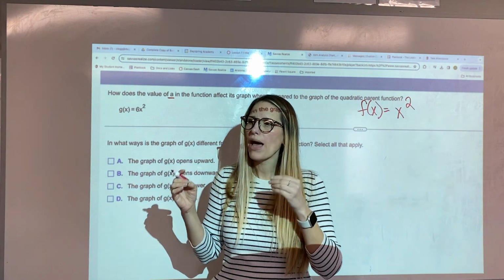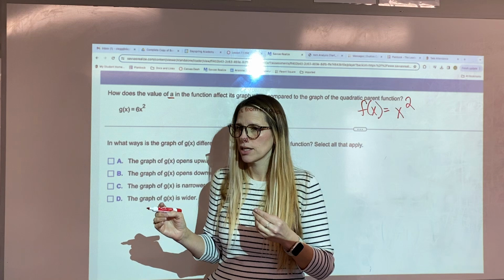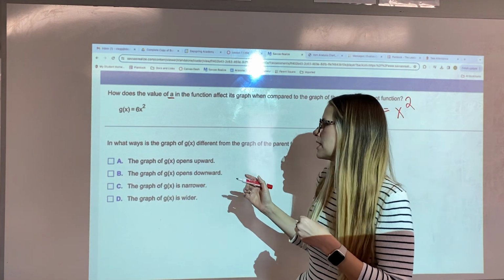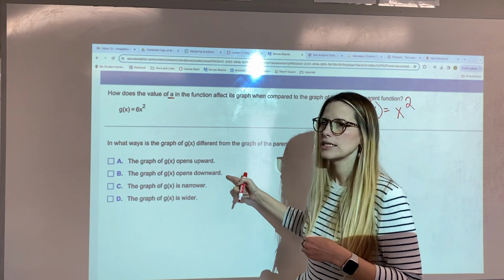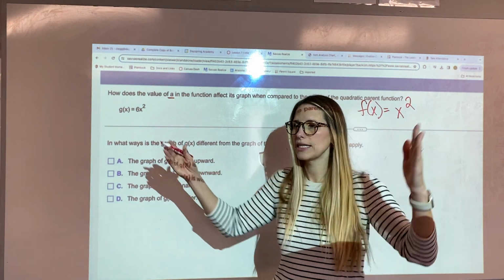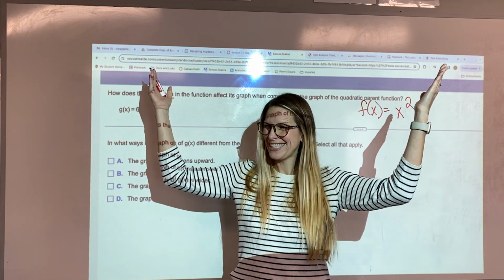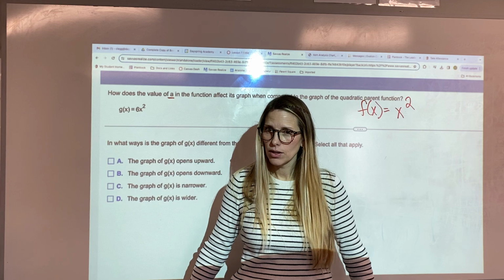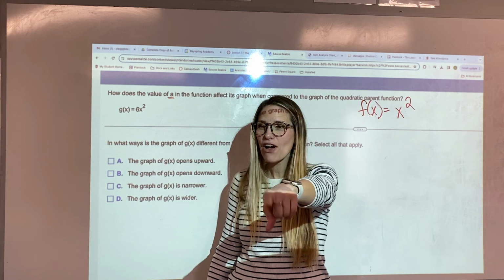What about the function determines it going upward and downward? What about a function determines whether it is a happy parabola or a sad parabola? Yes, very good.